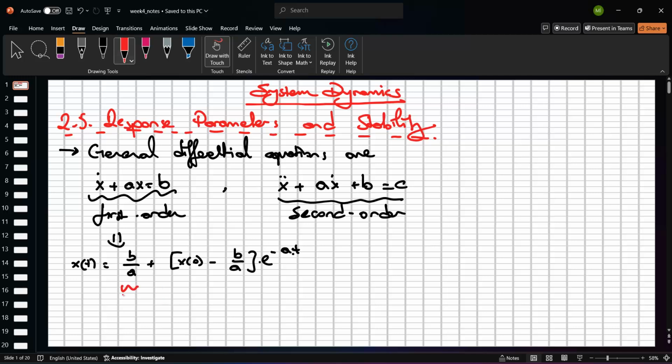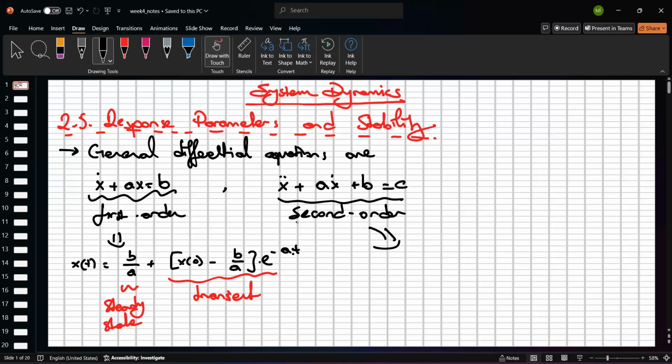What's the special name for this thing? Steady state, right? What is this thing? Transient. For the first order equation.